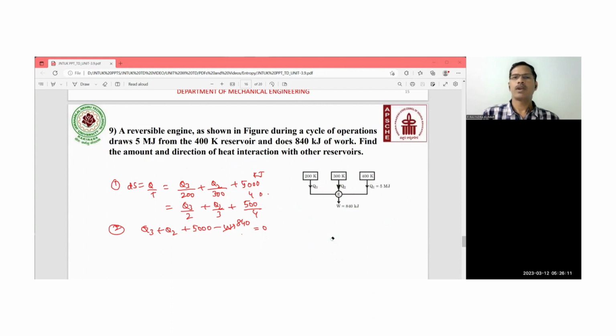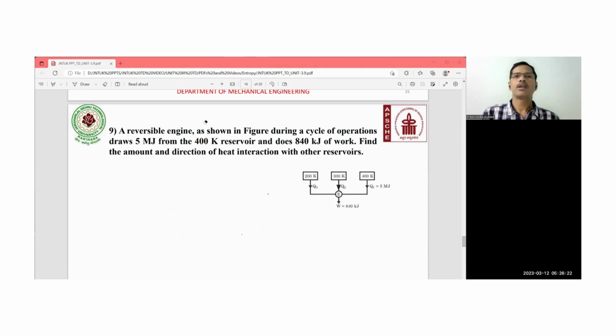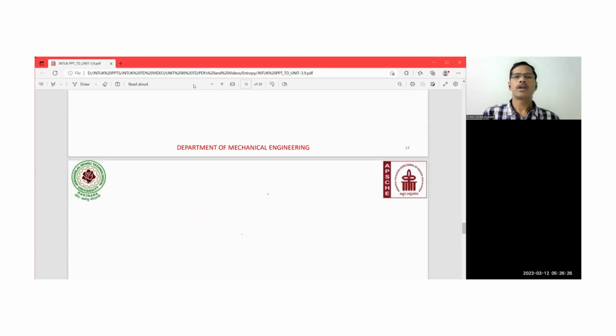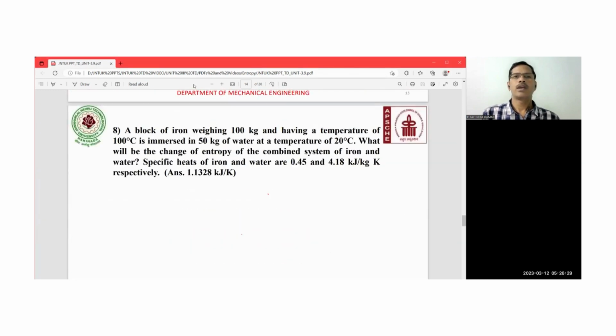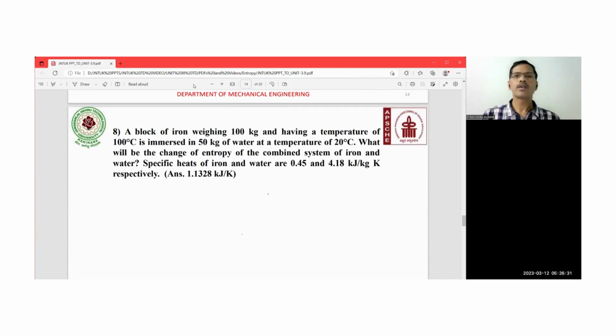This is one type of model problem. Sometimes you can get problems like this. I have covered all the kinds of models. So here, let an iron block weighing something be placed in water.